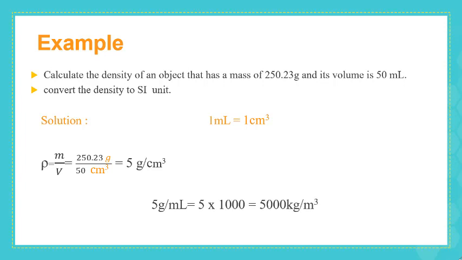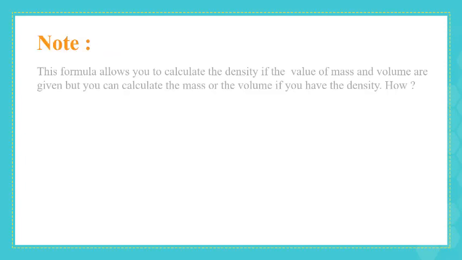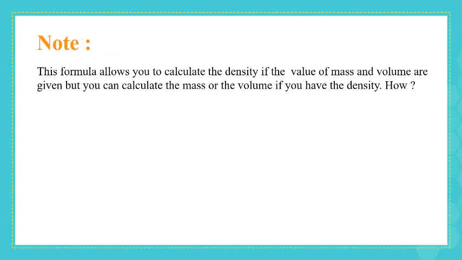Note, this formula allows you to calculate the density if the value of mass and volume are given, but also you can calculate the mass or the volume if you have the density. How? Using this triangle, that is a very simple method.